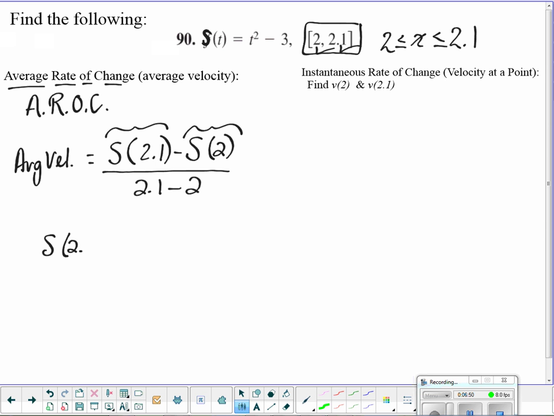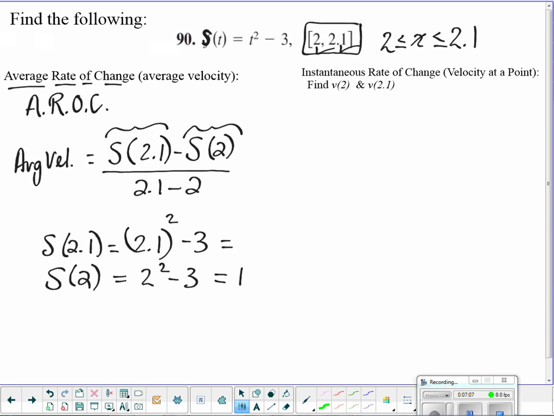S of 2.1 is equal to, go to my original function up there, t squared minus 3. I have 2.1 squared minus 3 equals something, and s of 2, 2 squared minus 3, well, that'd be 4 minus 3, so that's going to be a 1. If you want to, you could use your calculator. This will be 4.41 minus 3, has a difference of 1.41.